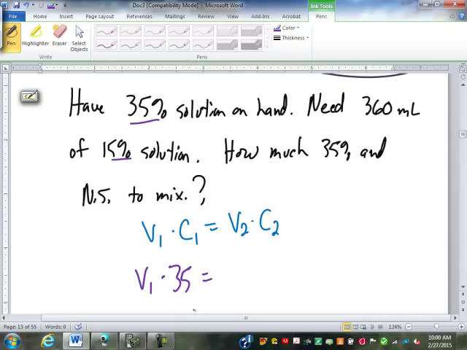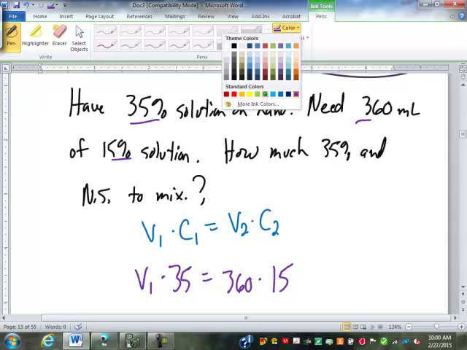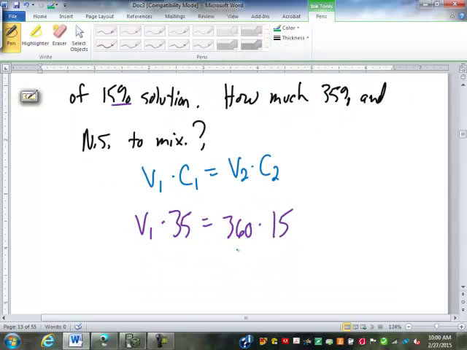On the other side, C2 then, of course, has to be the 15%. Do we know V2? 360. Good. So now what? Okay, 360 times 15 is going to be, what, 5,400? And then we'll divide by 35.